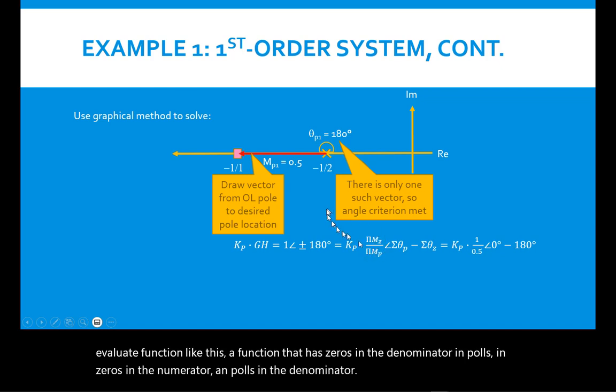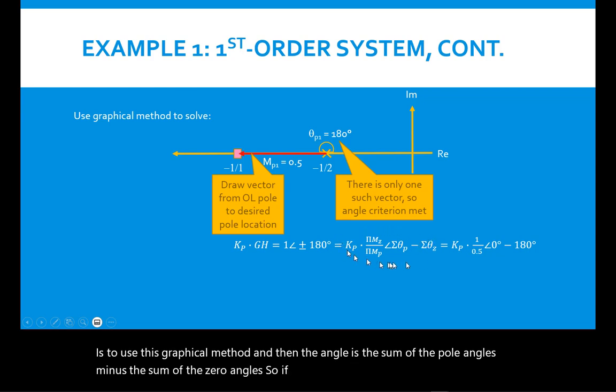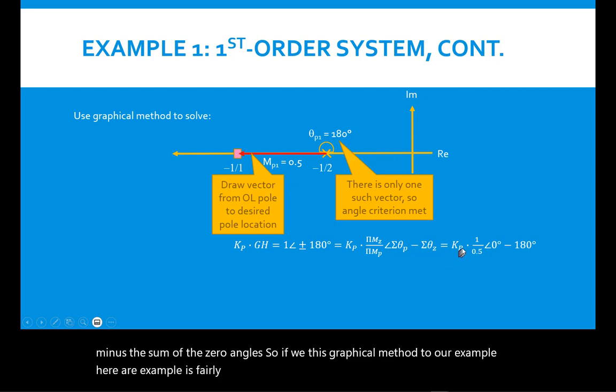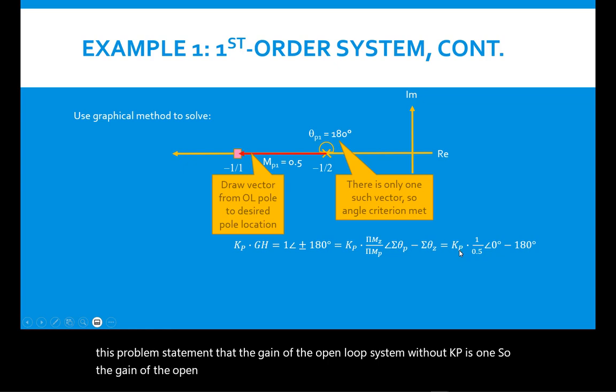The angle is the sum of the zero angles minus the sum of the pole angles. If we apply this graphical method to our example, which is fairly simple, we have to have Kp here because the problem statement says the gain of the open loop system without Kp is 1. So the gain of the open loop system with Kp will be Kp.